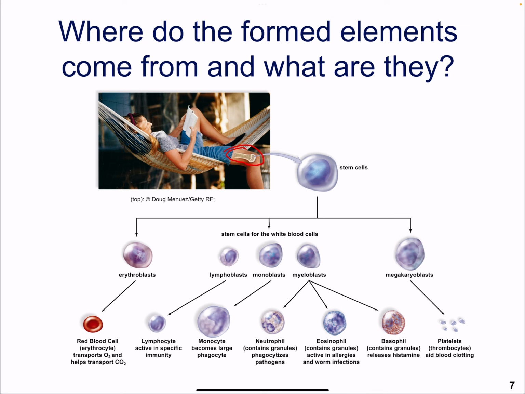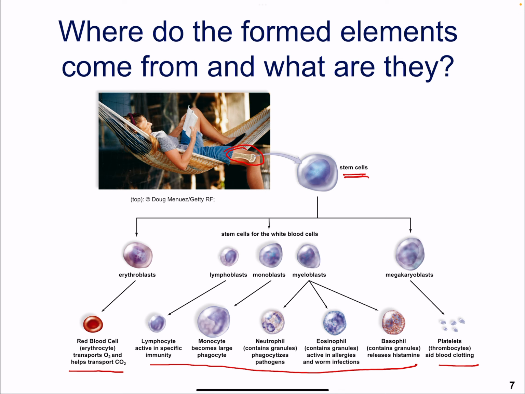This is where you are going to have stem cells that, based on the type of signal they are going to receive, are going to differentiate into red blood cells, white blood cells, and platelets.